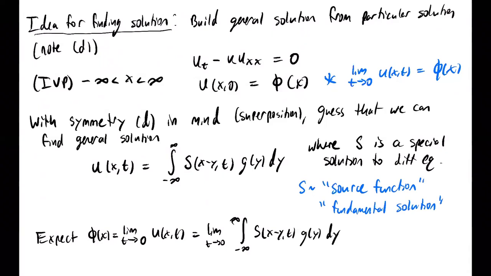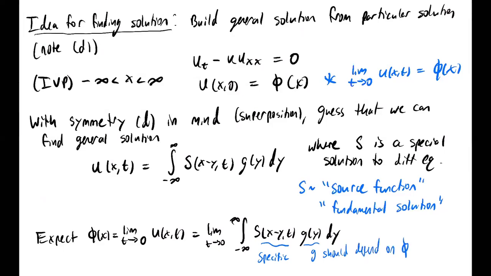Right, and so whatever this source function S turns out to be, I better be able to take the limit of this integral and recover my function phi. S is some specific function. So if S is a specific function, how am I going to recover phi? That means that g should depend on phi in some way, right?